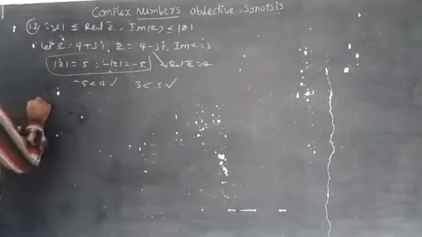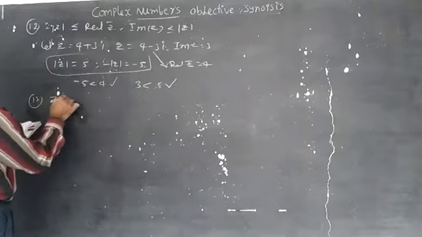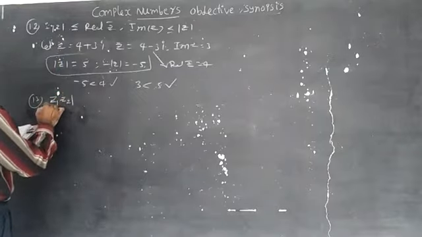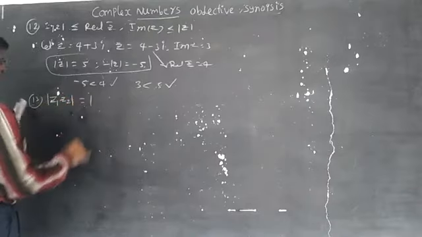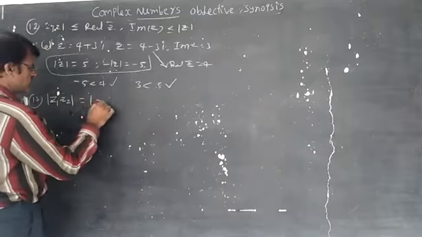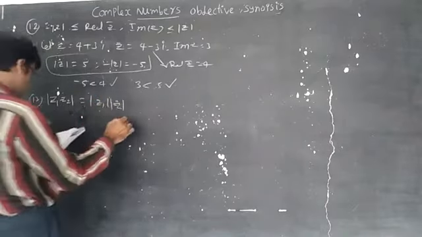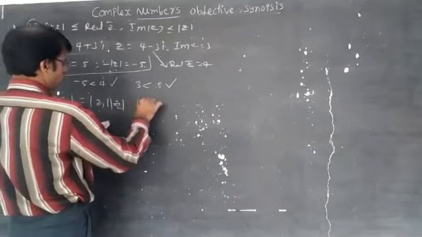Now 13th one. Modulus of Z1 Z2. So simply you can write modulus of Z1 Z2 is modulus of Z1 into modulus of Z2. You write the property, no problem.